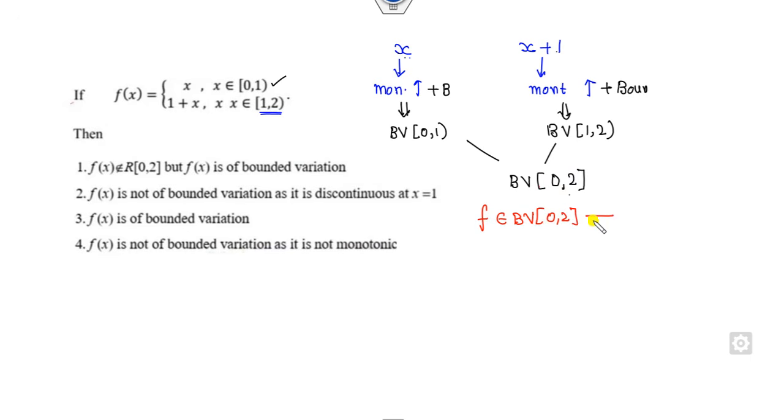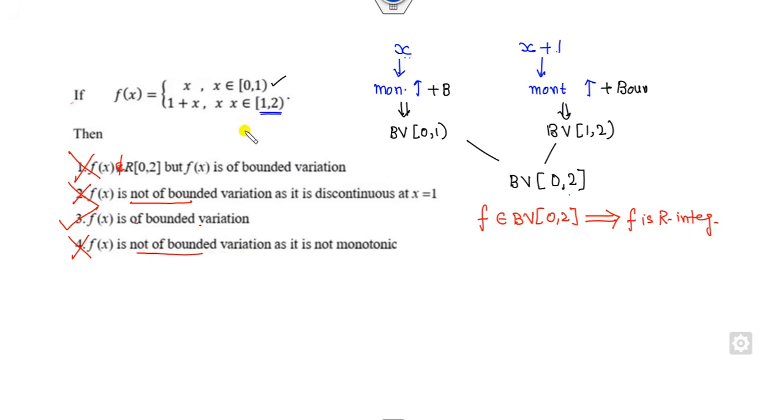If f is of bounded variation, this implies f is Riemann integrable. The first answer, which says it does not belong to this, cancel out. "F is of bounded variation" is the correct option. "F is not of bounded variation" is a wrong option.